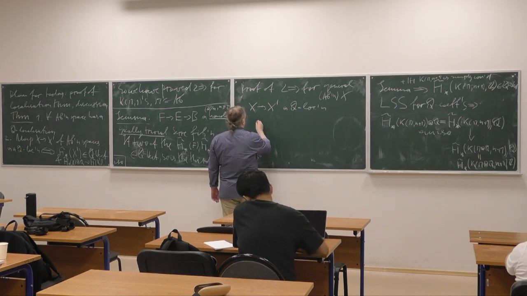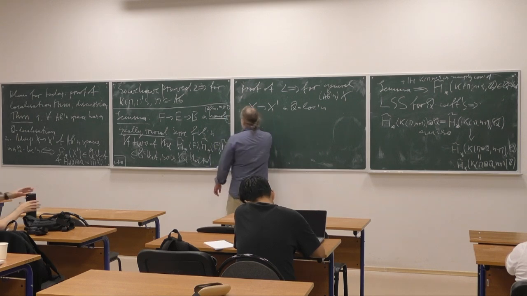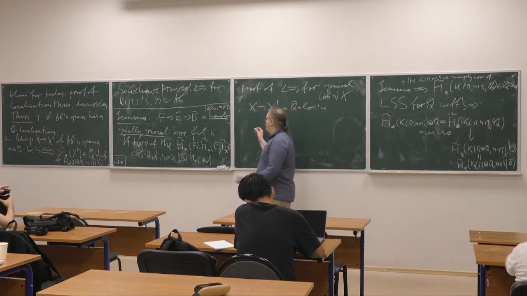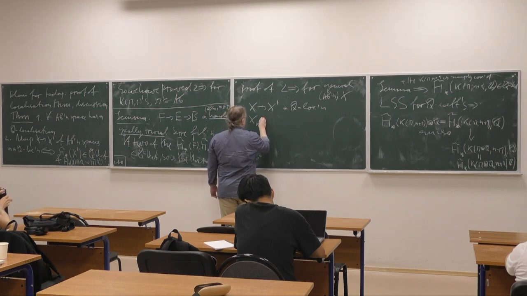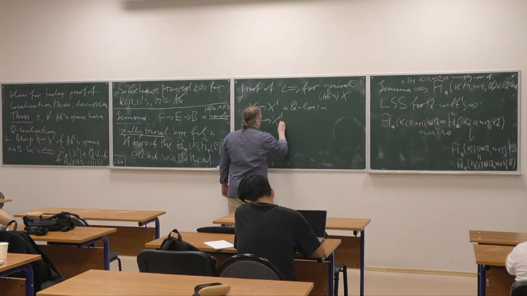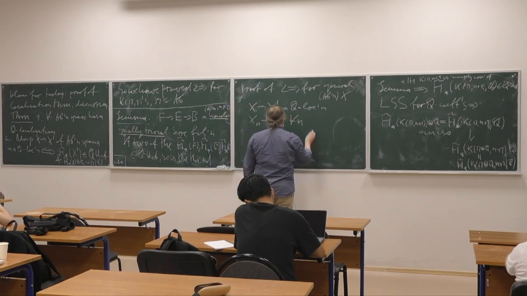So if we have a map X to X prime, we have a map X_n to X prime_n for all n.